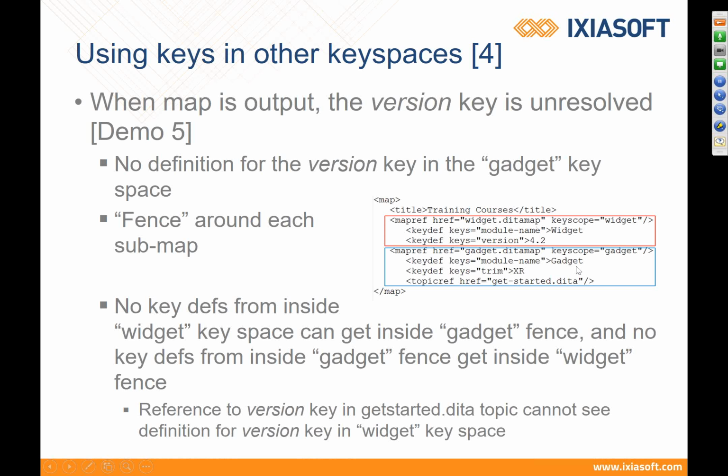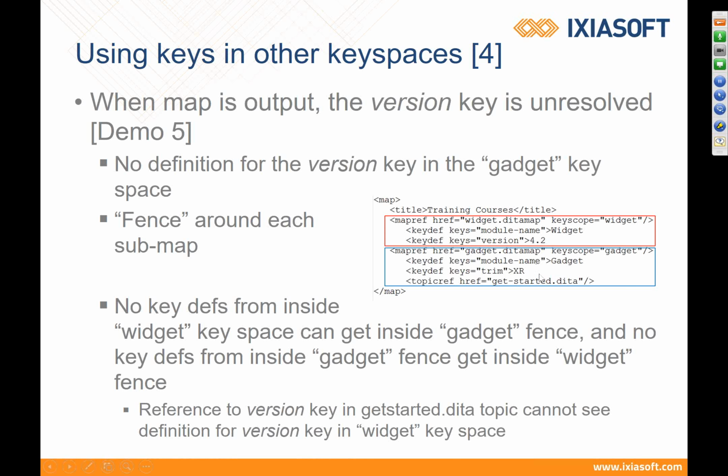Yes. So in this example here, if I wanted my Get Started topic to reference the module name key here and resolve to widget rather than gadget, then instead of my keyref being simply module name, I would have to say keyref equals widget dot module name, so that it would ignore this definition, which is the one it's going to pick up by default if you don't name a key space, because that's where the topic is.